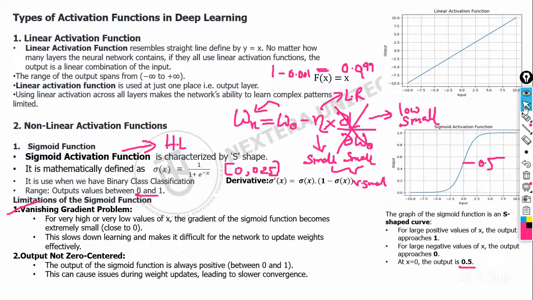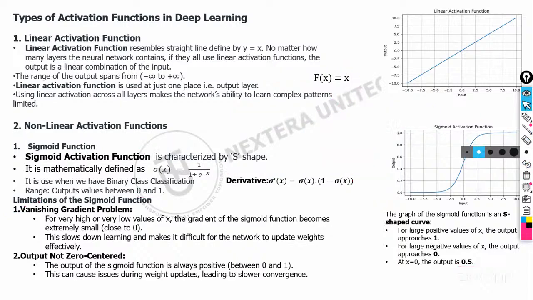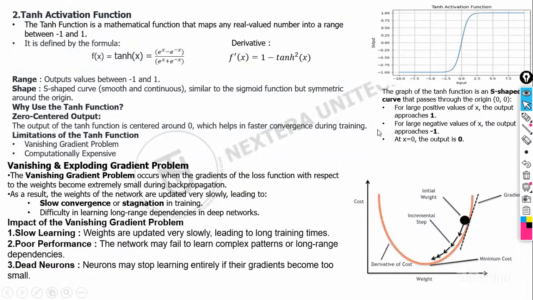And later on, we discussed the tanh activation function, where the zero-centered problem was overcome. Because the tanh activation function uses the formula e power x minus e power minus x divided by e power x plus e power minus x.